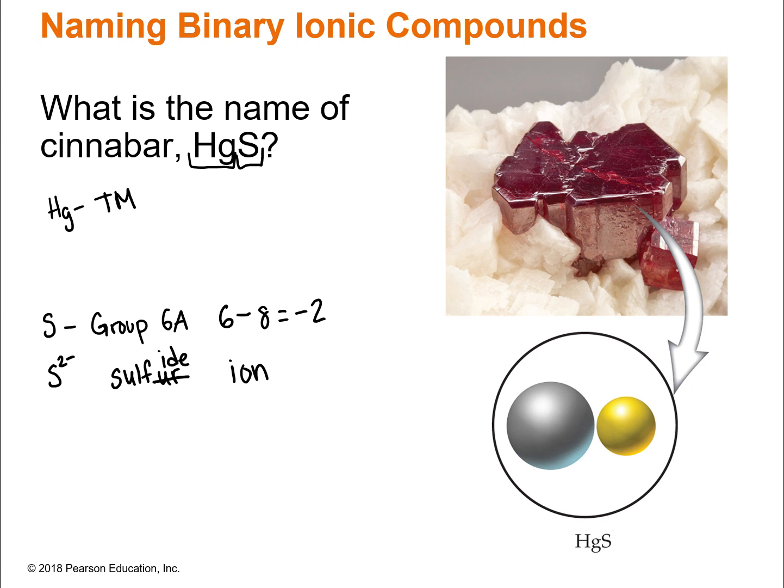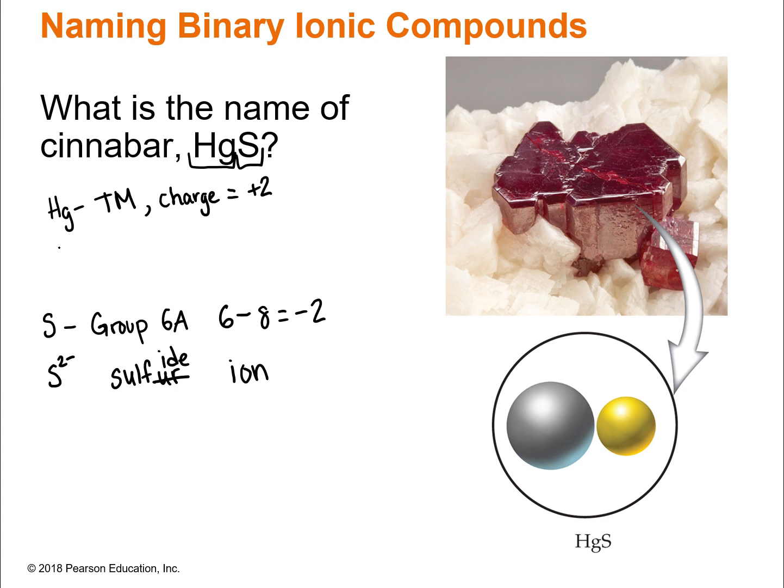This compound is a neutral compound, which means the charge is 0. If there's a 2- from the sulfide ion, then the mercury must be 2+, because the charges have to cancel out.